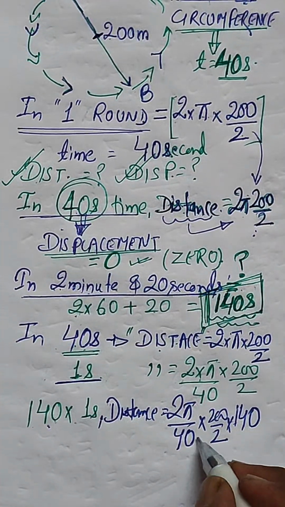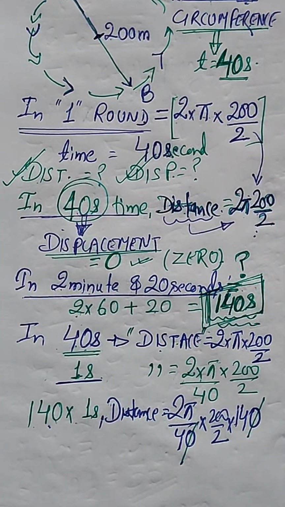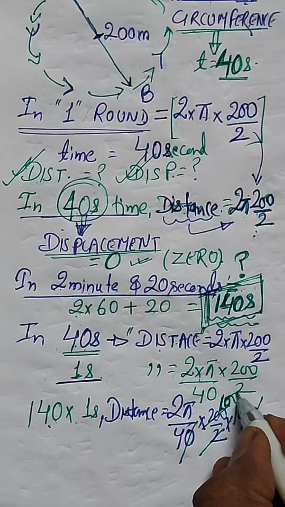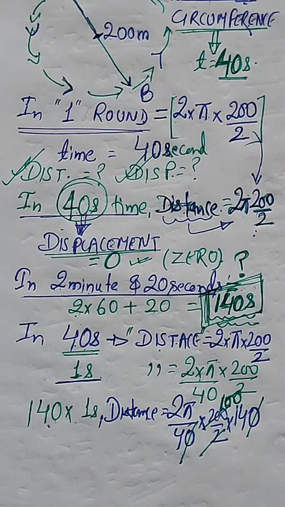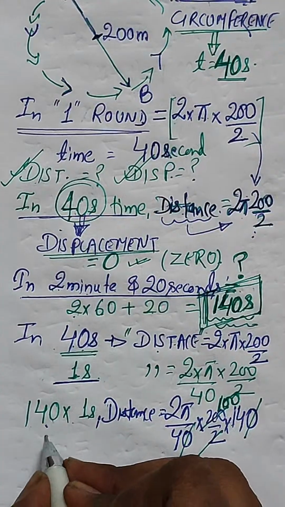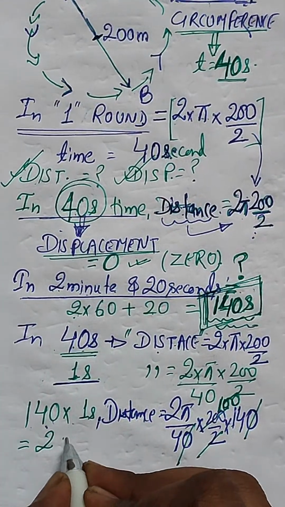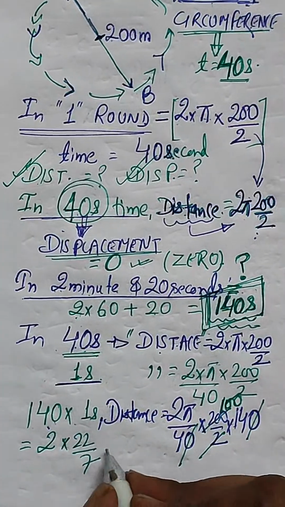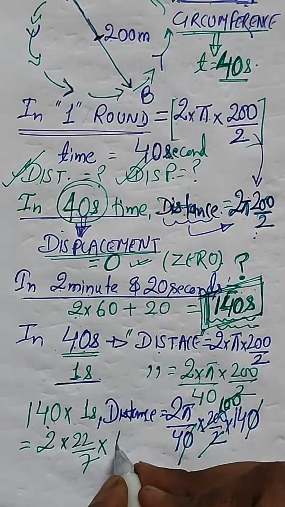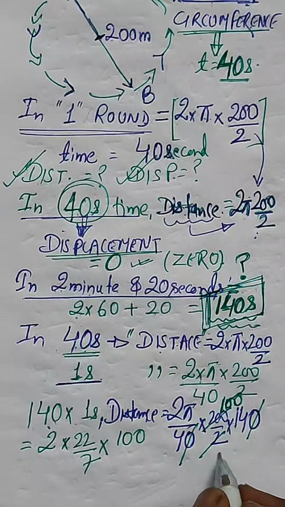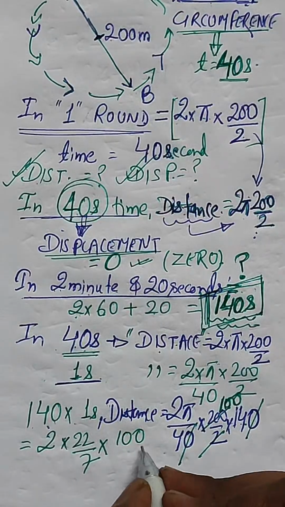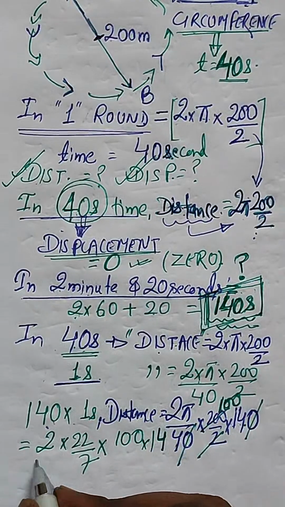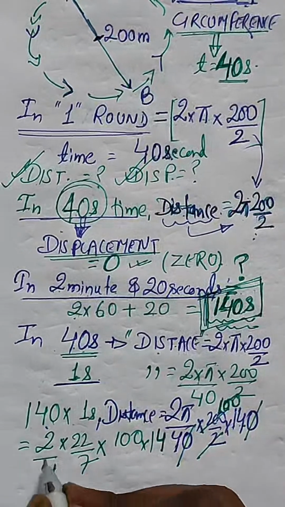You can see here this 0 and 0 will be cancelled out. 2 will cancel this 200 in 100 times, right? Now we have 2 into pi, just put the value of pi as 22 by 7, multiplied with 100, and again this 14, and again this 4, right?